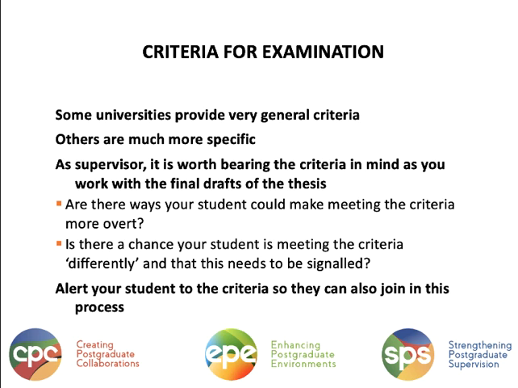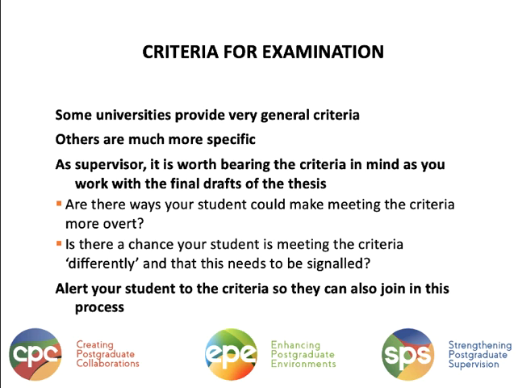Perhaps another thing to consider is whether or not there's a chance that your student is meeting the criteria differently, and this needs to be signalled. Is a particular approach they've used different in some way? Does it need to be signalled that this is still valid, even though it's not the most obvious approach, and so on?